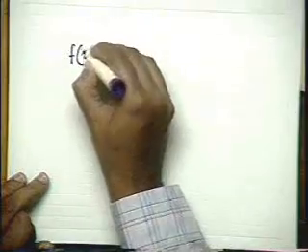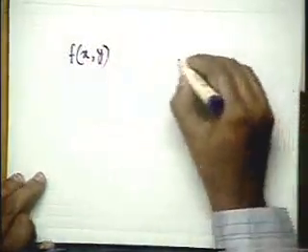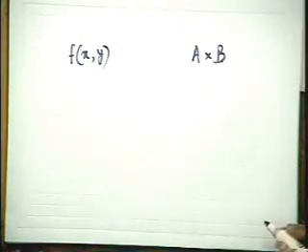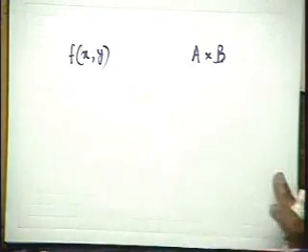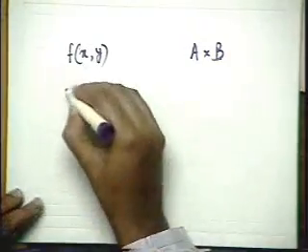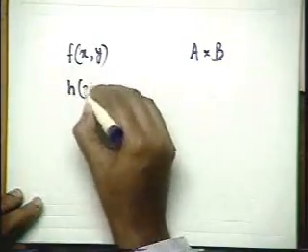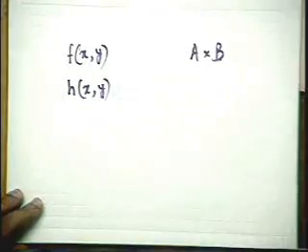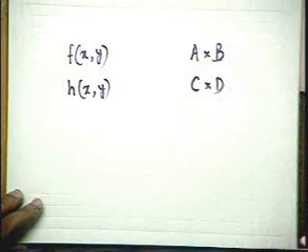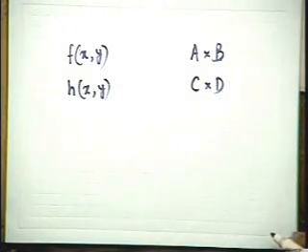Let us say that we have an image f of xy, which is of size capital A by capital B. We are assuming the image f of xy to be of this size A by B, and we are also assuming that the impulse response function h of xy is having a dimension equal to capital C by capital D. Alright.